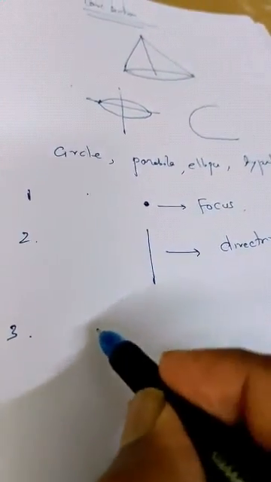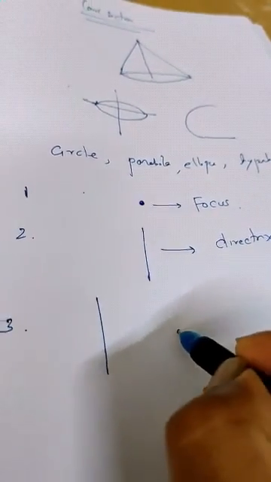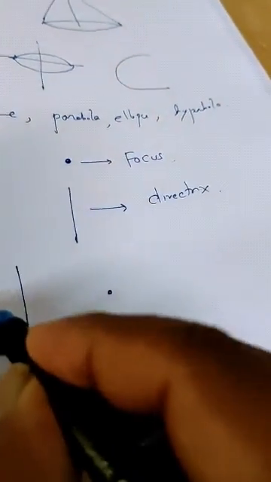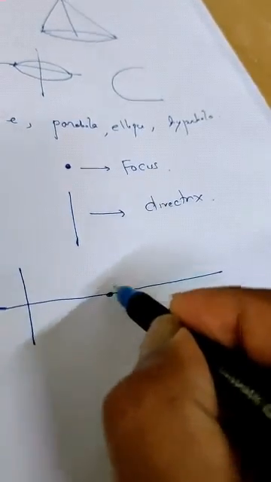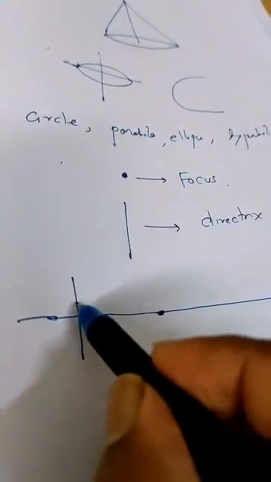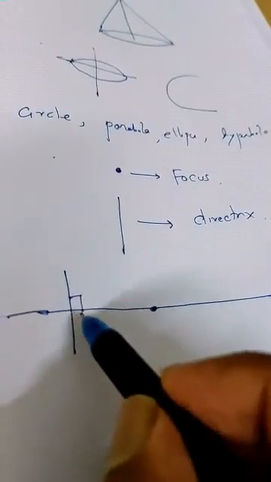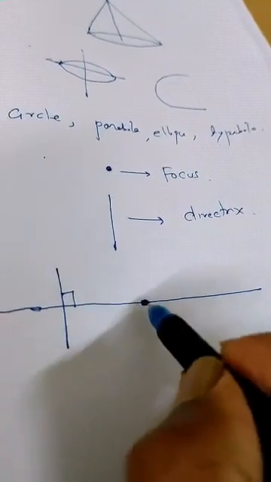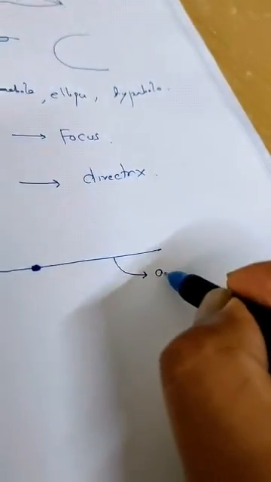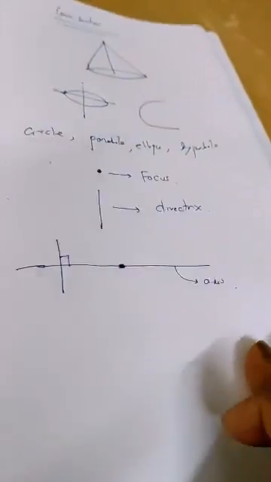Number 3, say this is a fixed line and this is a fixed point, and this is a line perpendicular to the fixed line and passing through the fixed point, known as the axis of a conic section.